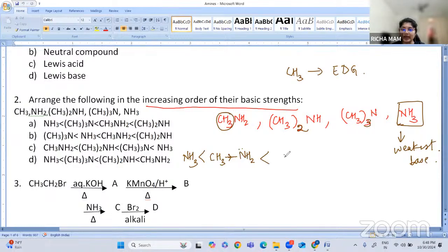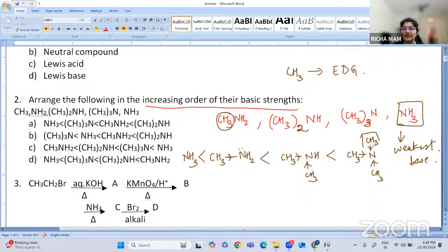Then again one methyl group, CH3, NH, CH3, so there is an increase in electron donating groups, and again the basic strength has increased. Then CH3, N, CH3, CH3, with three methyl groups, the basic strength has increased.